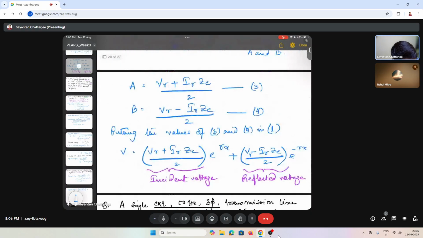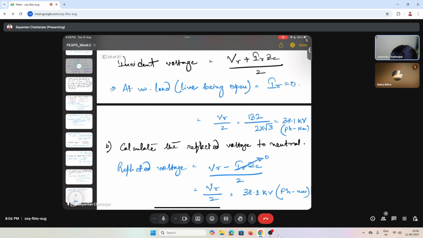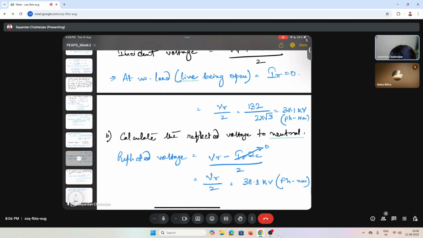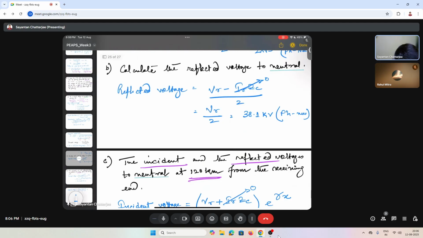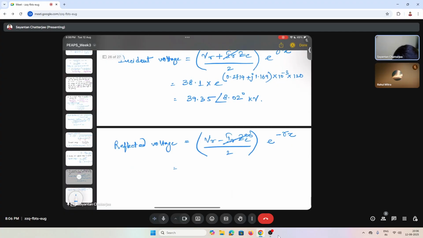This will be minus gamma x. So in this case also this is 0, and this one will be 38.1, this VR by 2, and e to the power minus this entire thing.